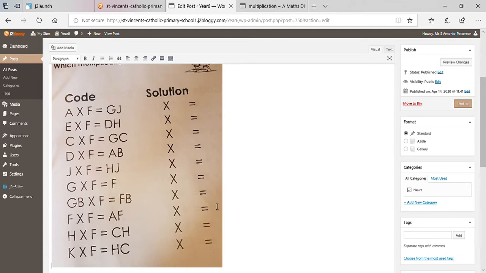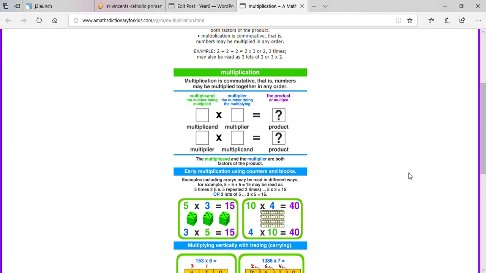Okay, so we know that in mathematics, when we're dealing with multiplication, it still has the same law of commutativity, just like addition. It can be in any order. However, we have a multiplicand and a multiplier, and initially we could say they are factors, because when we multiply the numbers together we get a product.